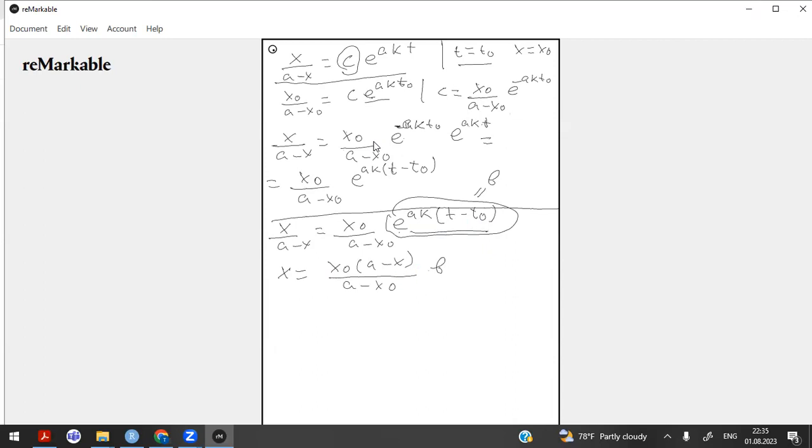Now we can do another algebraic trick, and we can divide everything by x. Okay, so this part, x over x, is 1.